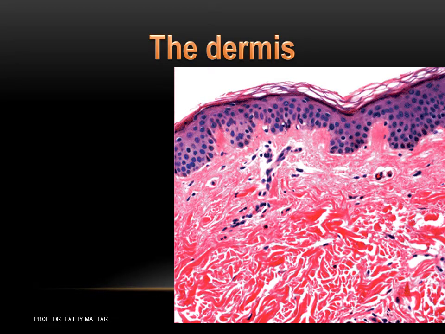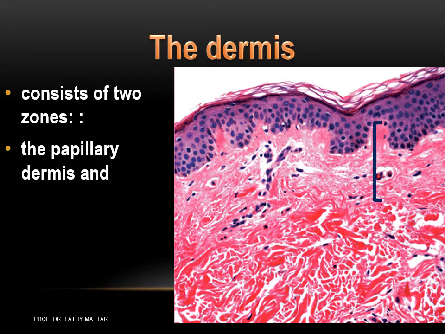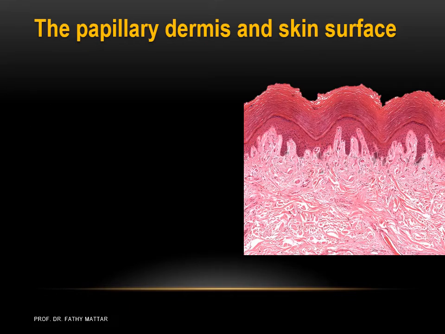The dermis is formed of two zones. The upper zone under the epidermis is called the papillary dermis, and under that is the reticular dermis. The papillary dermis is covered by the epidermis on the skin.